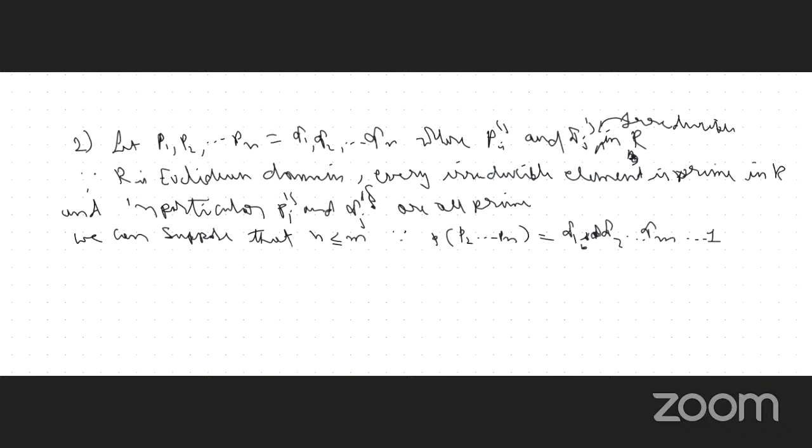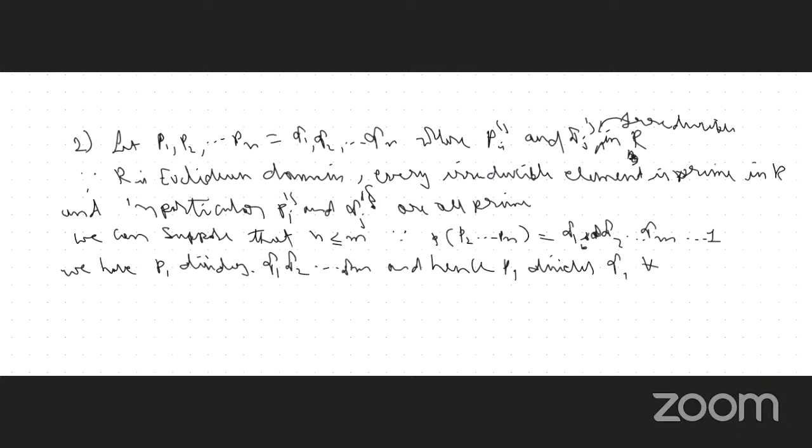So we have that P1 divides Q1, Q2, etc., Qm, and hence P1 divides Qj1 for some j1 between 1 and m, that is, 1 is less than or equal to j1 is less than or equal to m.